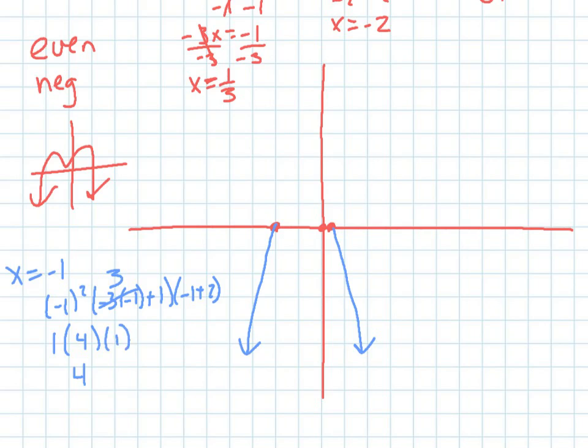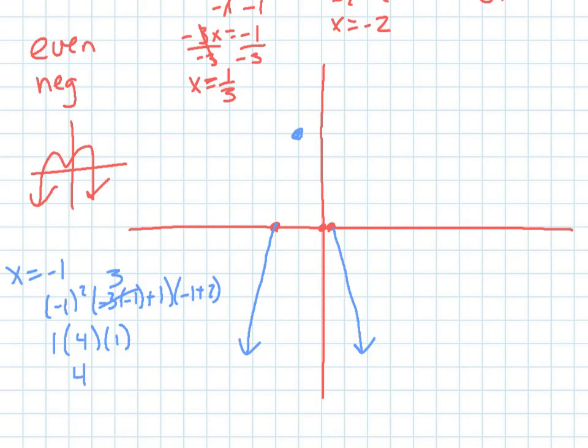Okay, so it looks like I get 4 for that one. I've already got the y-intercept, so I'm not going to worry about that. Now here, I'm not going to have you plug in like 1/6 or anything, so don't worry about that, because it's probably not going to get too far away.